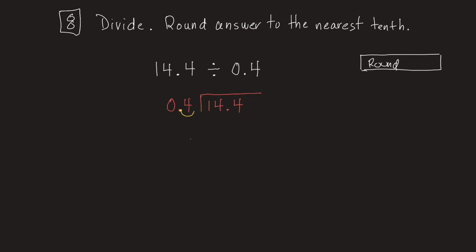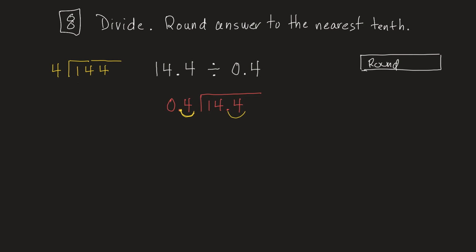So now I have a new problem, 4 divided into, well, I moved the decimal place once here, so I got to move it once here. 4 into 144. I'm not going to put the decimal point in because you don't need it for a whole number. All right, notice I moved my problem up to the left-hand corner here because I didn't want to run out of space. Take as much space as you can. Paper is inexpensive, and we can recycle it.